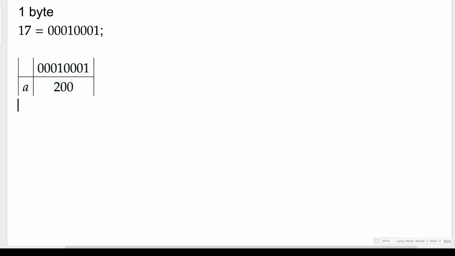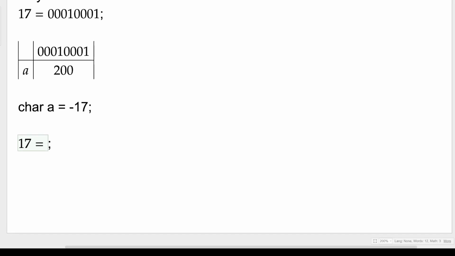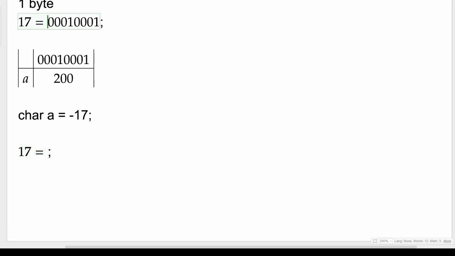Now I'll analyze this negative 17. This is stored using 2's complement form. 17's binary is something that we know. To convert a number into 2's complement form, that is negative 17, what will I do? Start writing the bits from the rightmost side, copying the bits as they are.